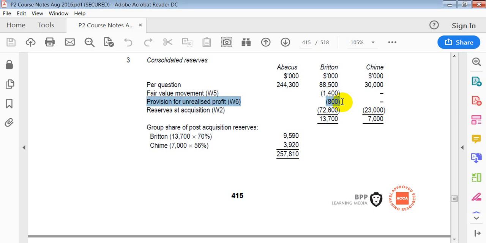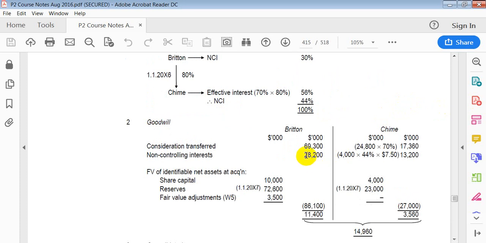Then we bring our pre-acquisition reserves, the ones which we have already used in the goodwill. The 22.6 and the 23 million, the ones which are there in the goodwill.